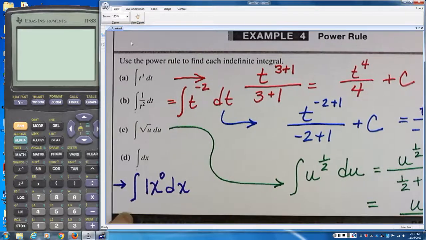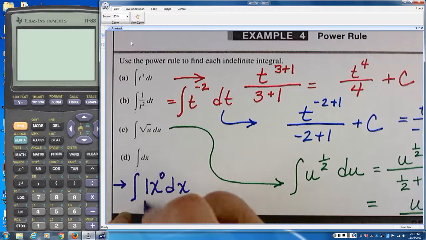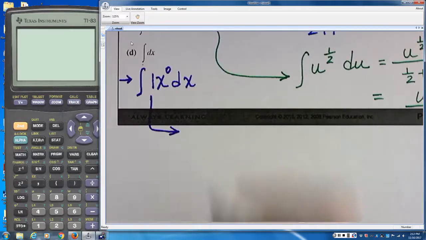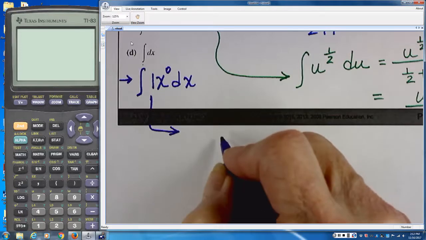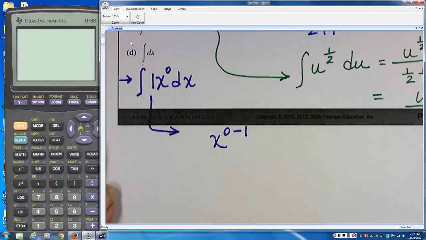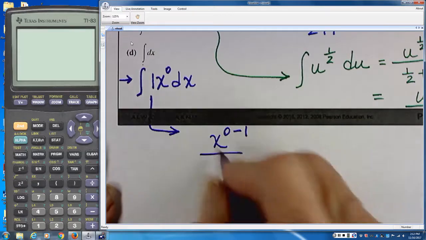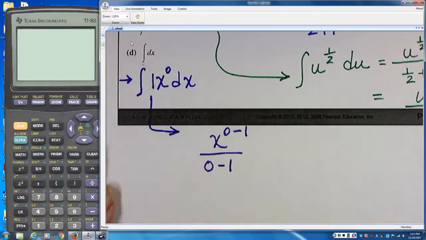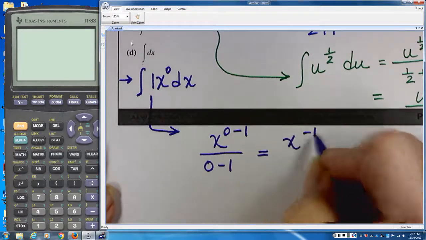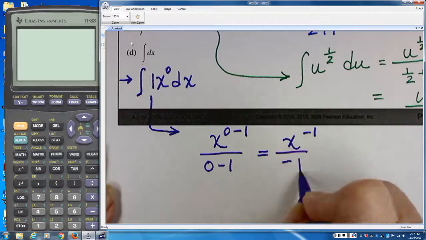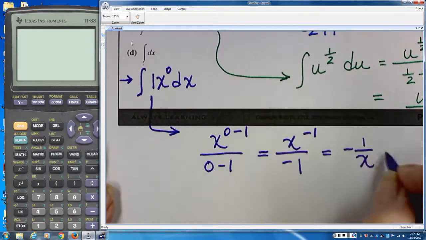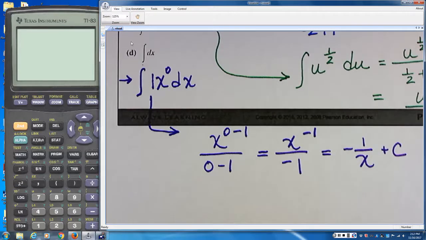Okay, so this is what's really happening. So then when we take that integral, what we get is x to the 0 minus 1 over 0 minus 1, which is x to the -1 over -1, which is -1 over x, plus a constant.